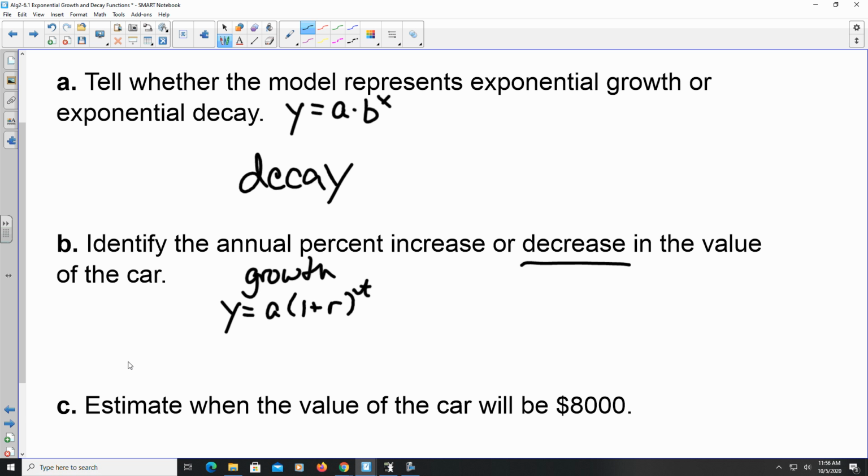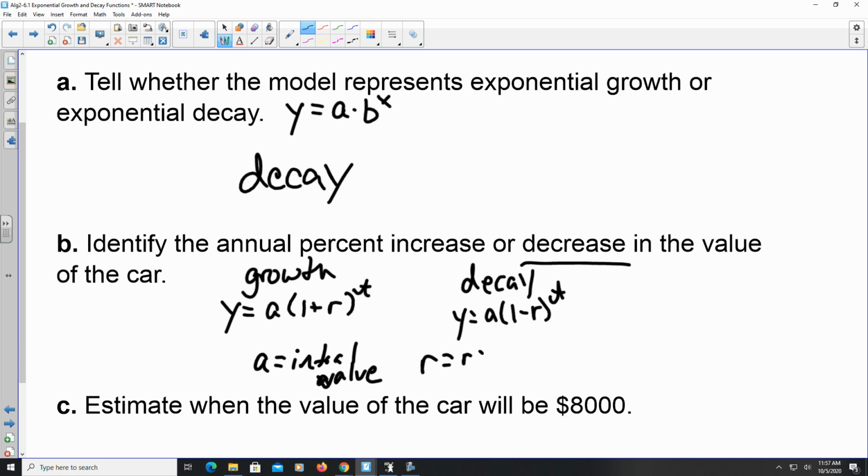Decay is going to be y equals a times 1 minus r raised to the t power. In both formulas, a is your initial amount or initial value, r is the rate and t is the time.